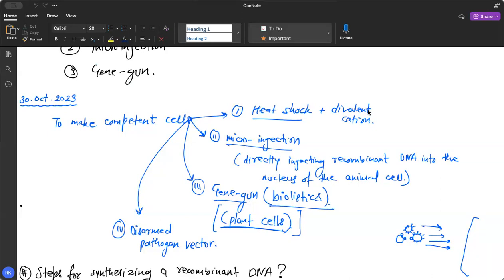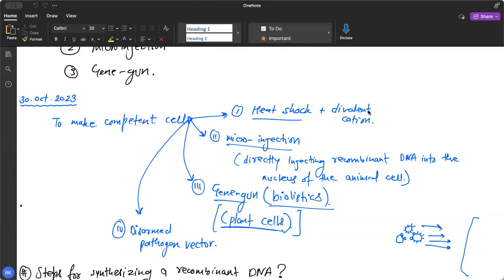Microinjection, where you directly inject recombinant DNA into the nucleus of a cell, is used for animal cells, because it's easy to insert a microinjection in an animal cell, but not in a plant cell. So for plant cells, we use the gene gun, which is also known as the biolistic method, right? Where nanoparticles coated with DNA are bombarded on the cells, like lots of bullets being fired, nanobullets.